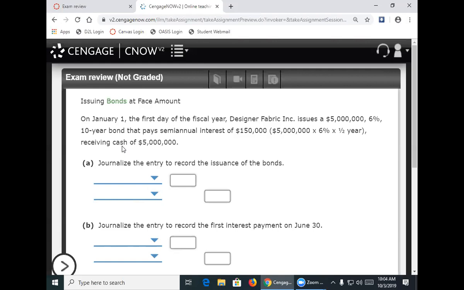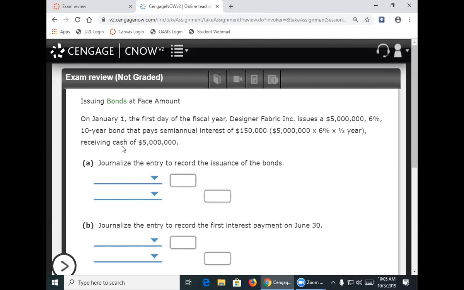What happens if the market rate is higher than the contract rate? So we're giving them less interest than they could get on the market. Discount bond. Very good. The bond gets discounted. So just make sure you have that in your notes. If the market rate is greater than the contract rate, we're going to sell the bond at a discount.